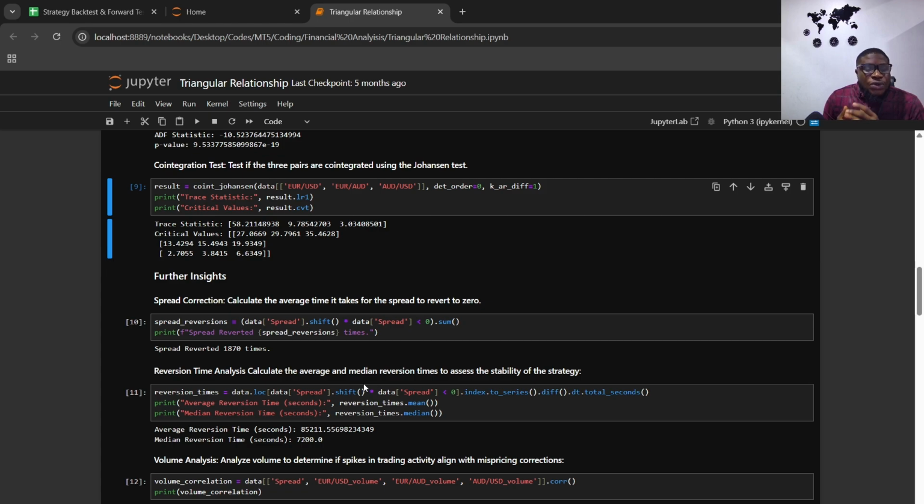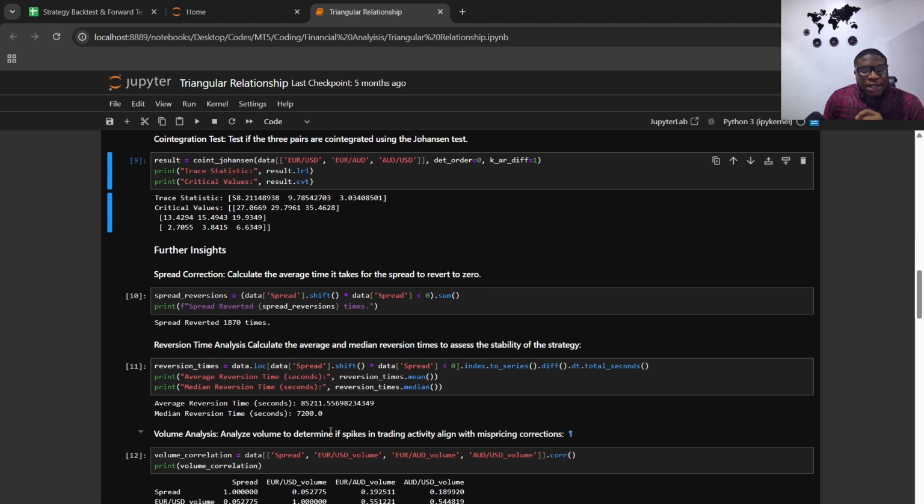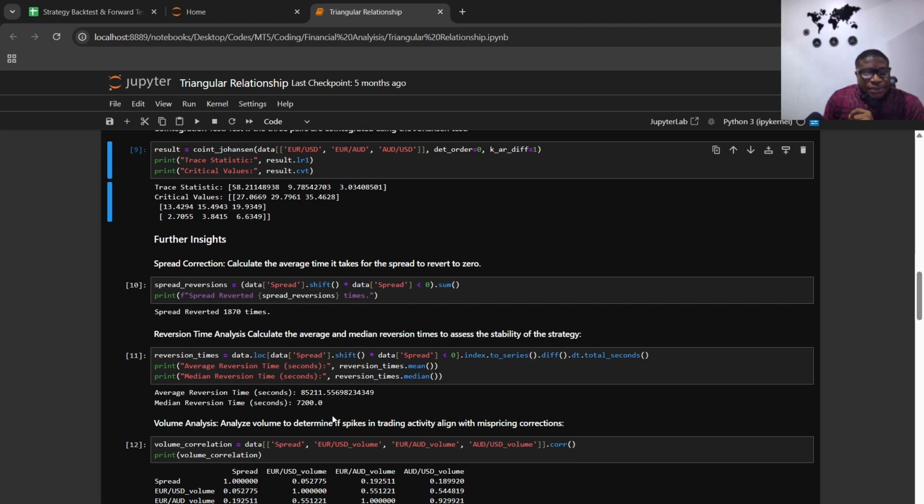We also calculated the reversion time analysis. We calculated the average and the median reversion times to assess the stability of the strategy, and this was done in seconds. So we can see that the average reversion time is 85,211 seconds, and the median reversion time was 7,200 seconds.